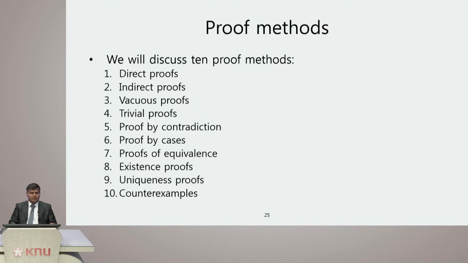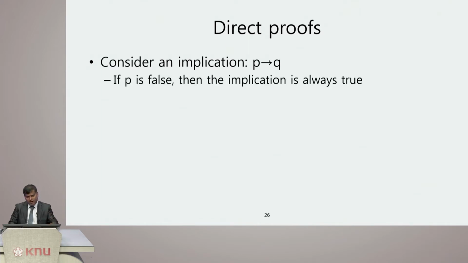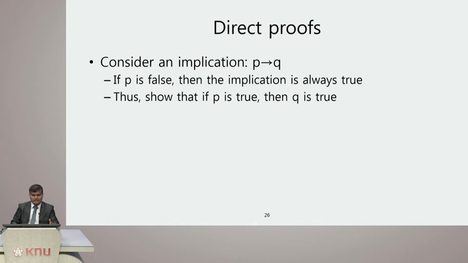Let's begin with the direct proof. What is the direct proof? Let's consider an implication, P implies Q. If P is false, then the implication is always true. Thus, show that if P is true, then Q is true.